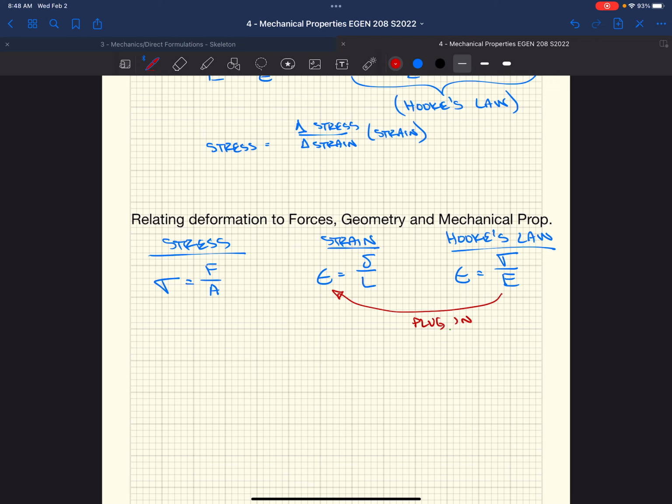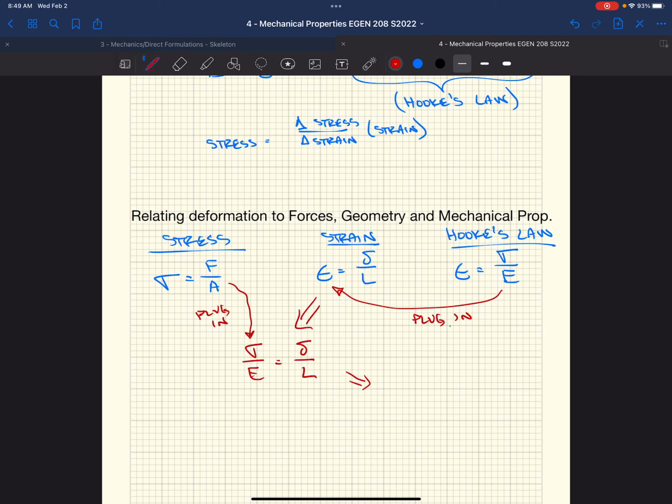So now we get sigma over modulus, it's change in length over the original length. Well, now we can plug in stress, force over area, into that portion. What does that mean? Well, that means we get this equation that says F over AE equals change in length over the original length.